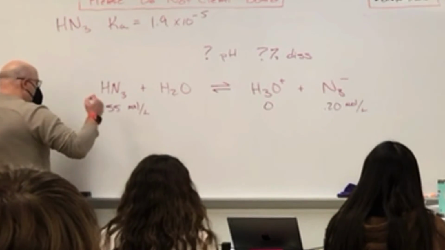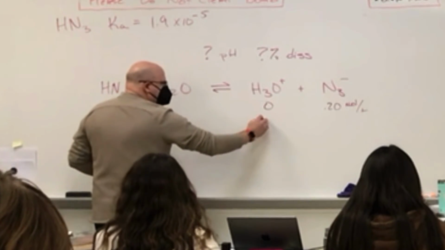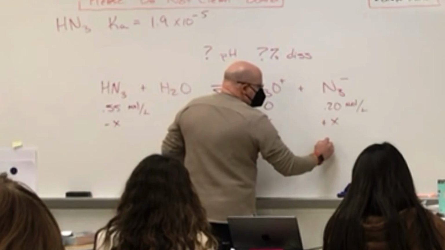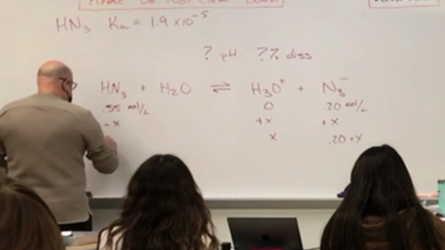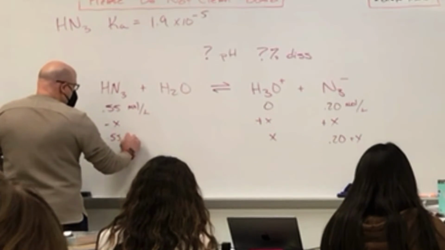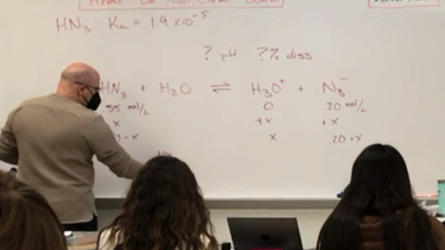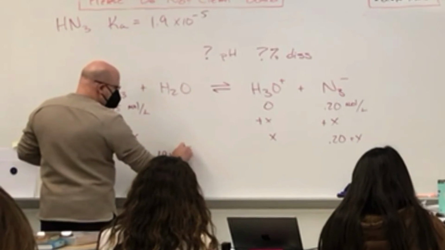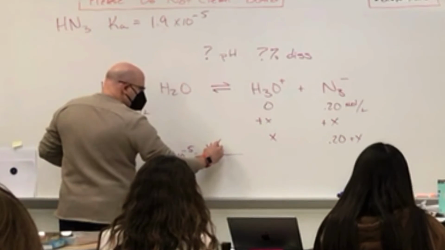Now, minus x, plus x, plus x. 0.20 plus x, x, 0.55 minus x. 1.9 times 10 to the negative fifth equals x times 0.20, over 0.55 minus x.